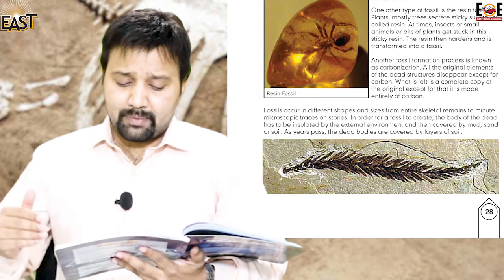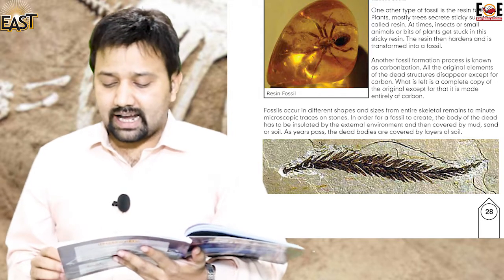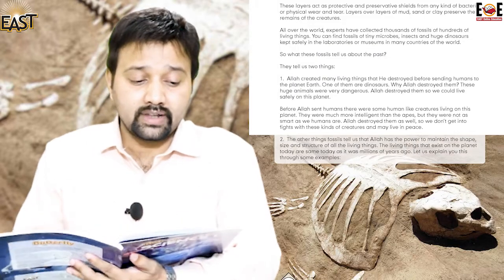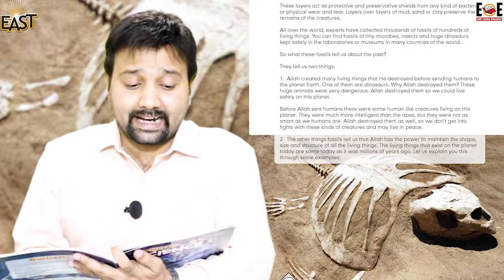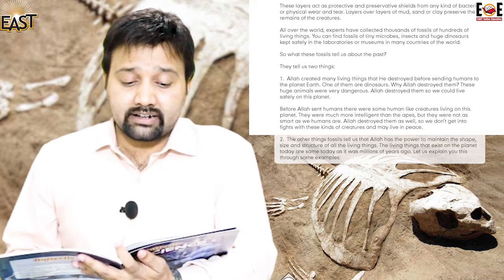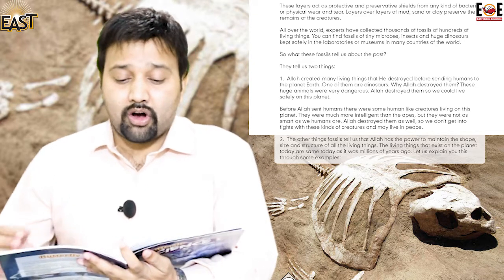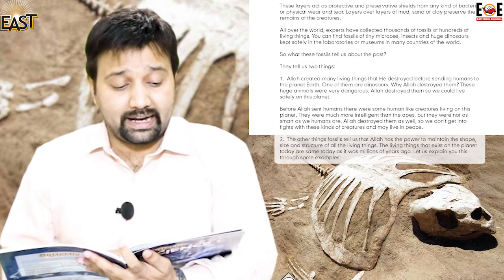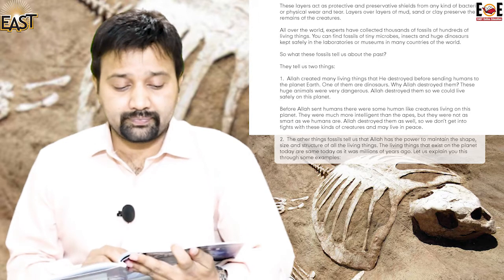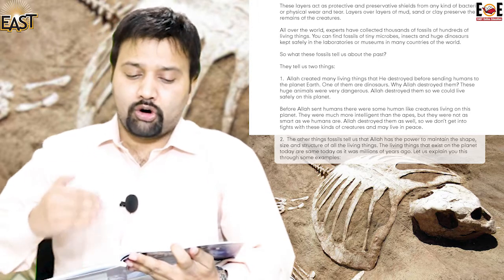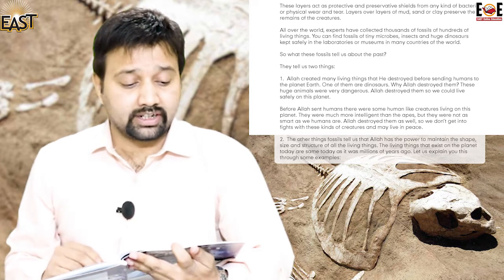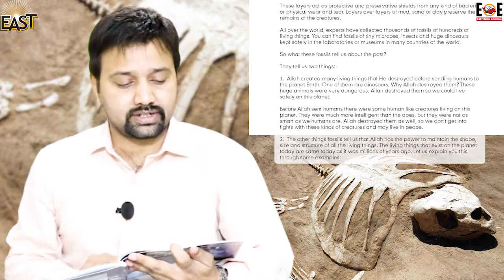As years pass, the dead bodies are covered by layers of soil. These layers act as protective and preservative shields from any kind of bacteria or physical wear and tear. Layers over layers of mud, sand or clay preserve the remains of the creatures.